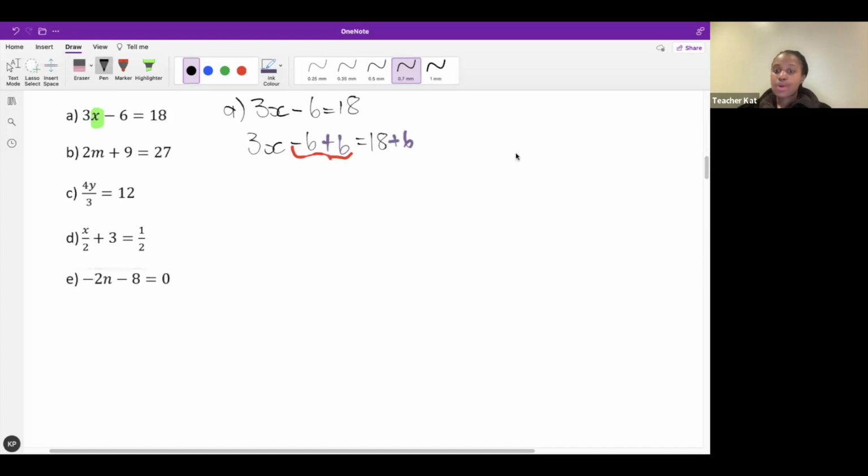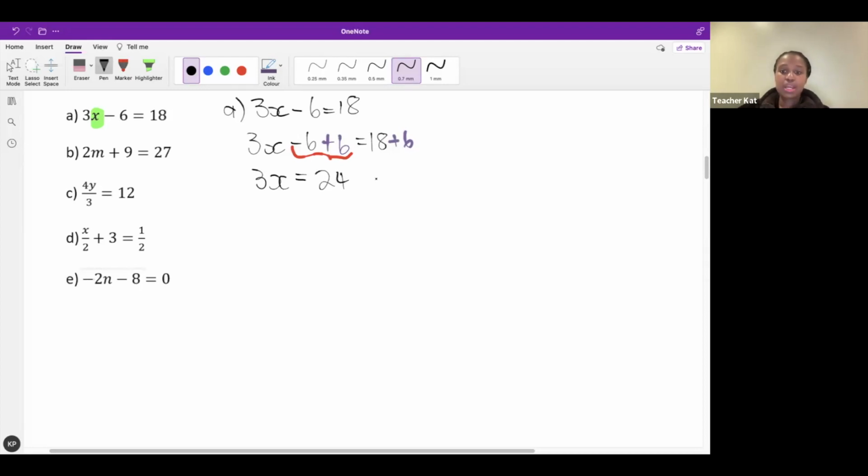Okay, so you guys need to understand this concept instead of just saying, oh, it jumps over the rainbow bridge and it changes. Okay, so then these will cancel out, leaving 3x on its own. And then on my right-hand side, I'll have 18 plus 6, which gives me, nice, Alice, 24.